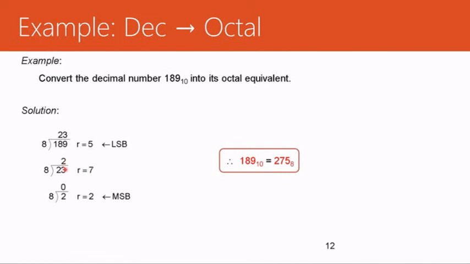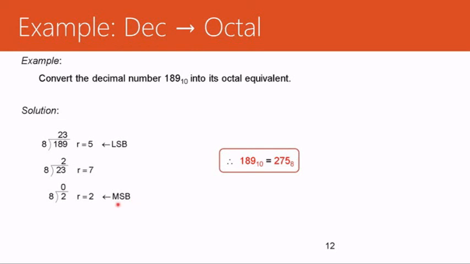And again, we have 2 as the quotient. It will be divided by 8, and 2 divided by 8 is 0 with a remainder of 2. We write this in descending subscript order, meaning this will be our MSB, or the most significant bit, which is the leftmost digit.